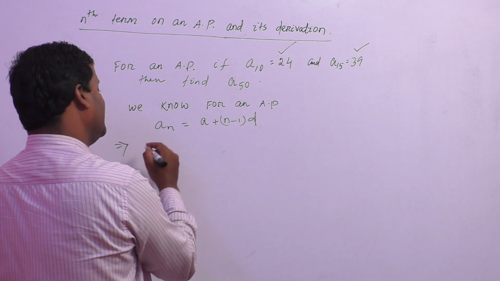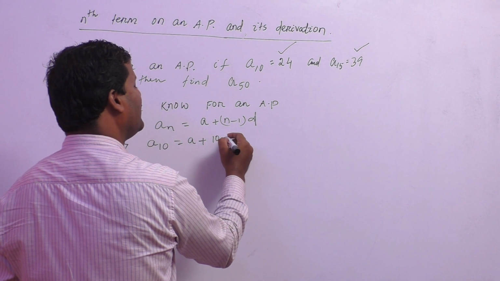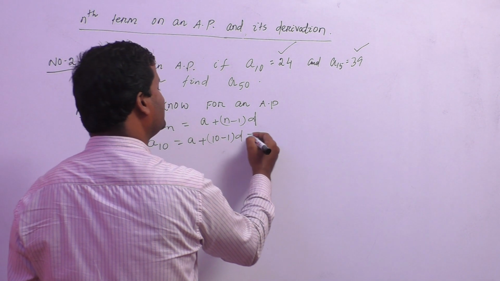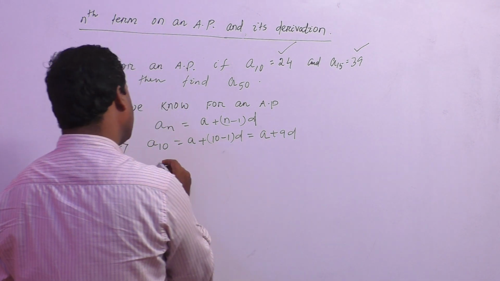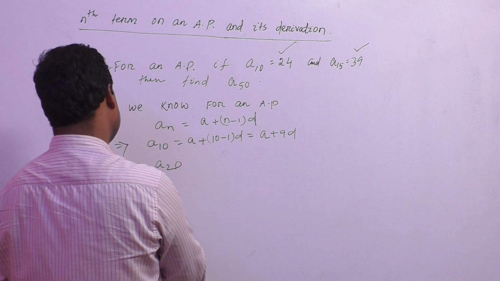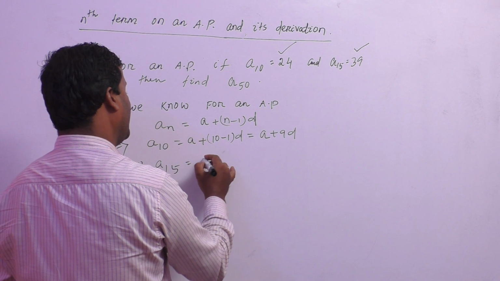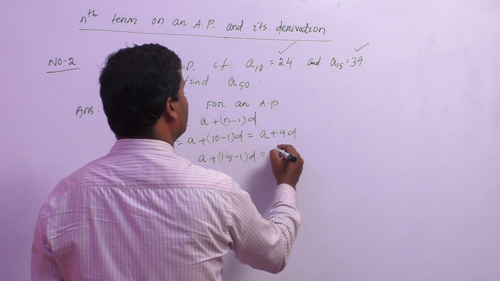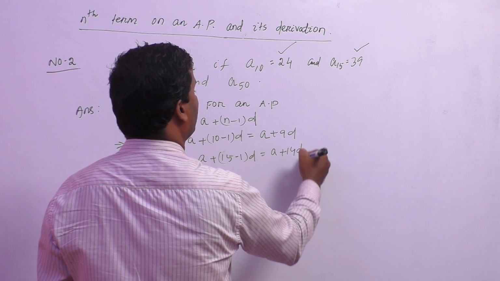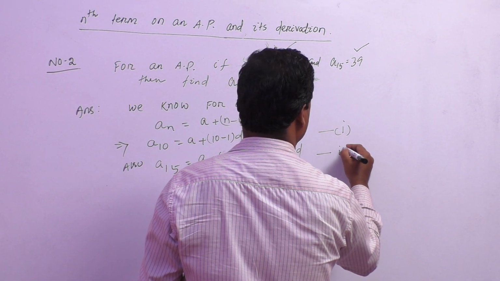Implies that a10 is equal to a plus 10 minus 1 into d, that is a plus 9d. a15 is equal to a plus 15 minus 1 into d, that is a plus 14d. Now make it equation 1, make it equation 2.